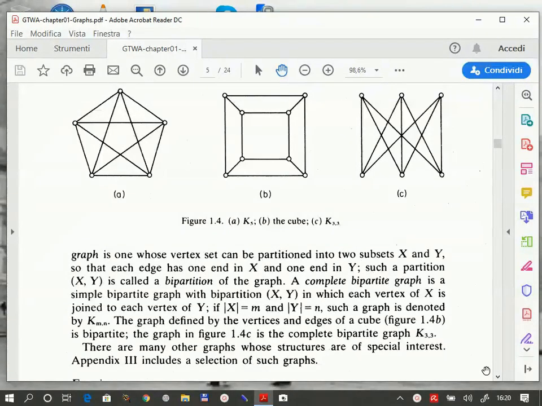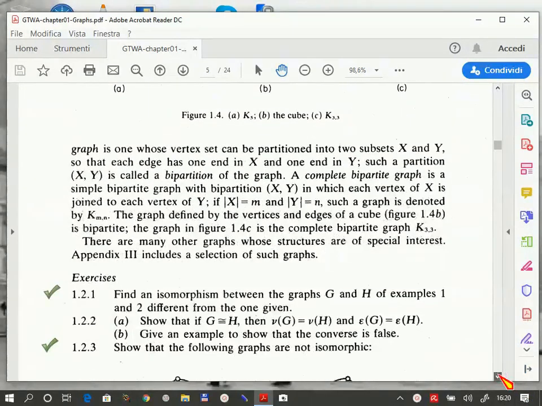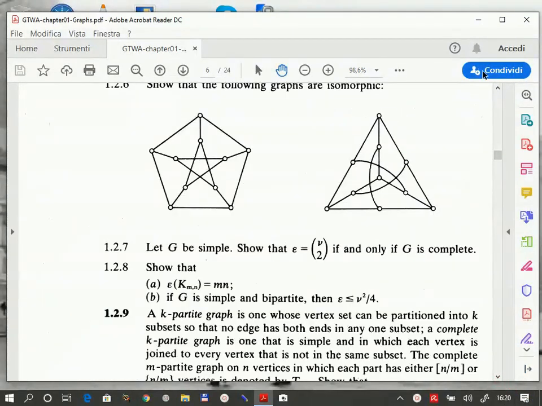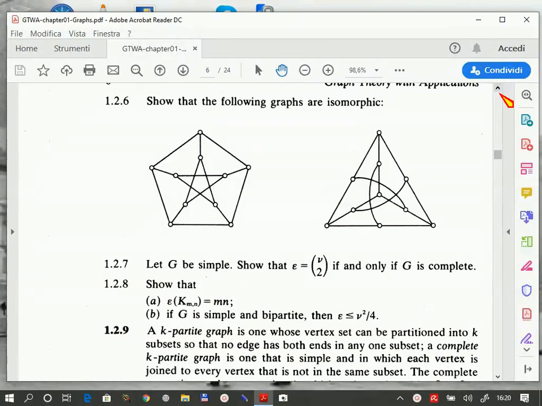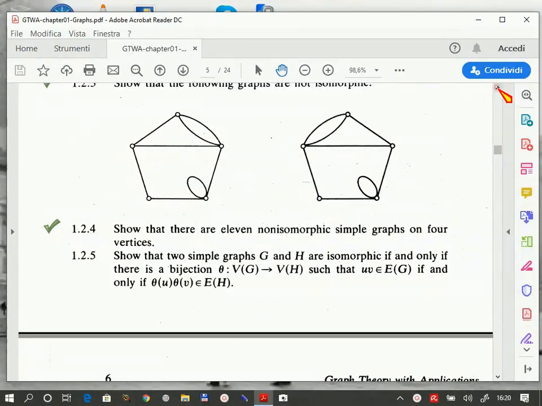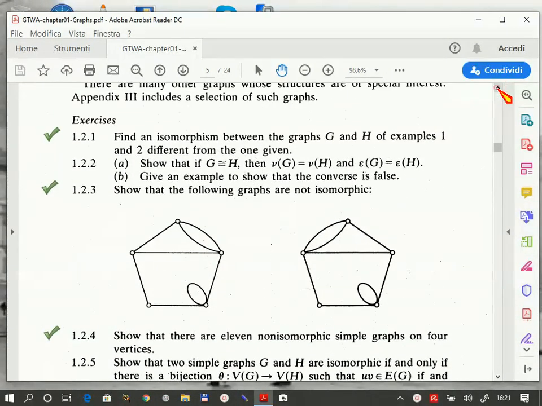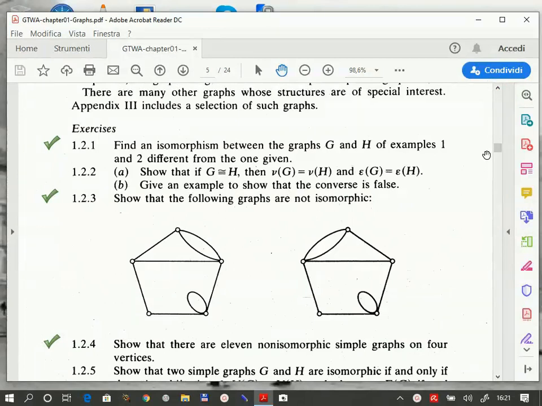You can have quite a lot of different types of graphs in Appendix 3, but it's not our business. Find an isomorphism between the graphs G and H of examples 1 and 2 different from the one given.